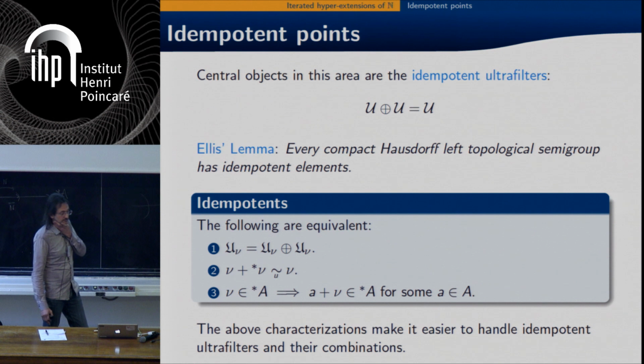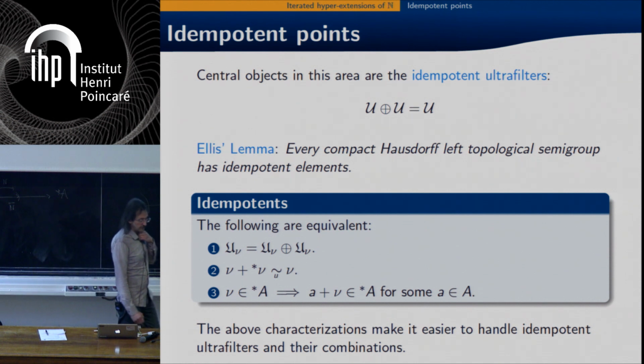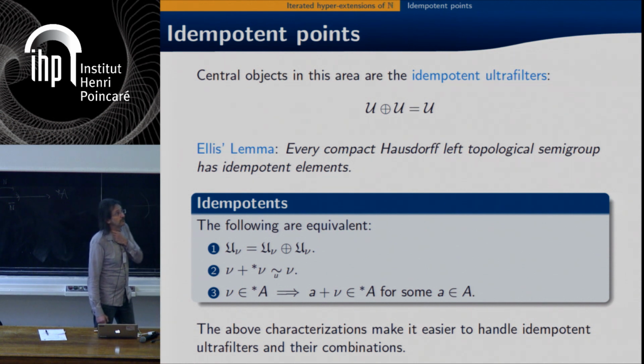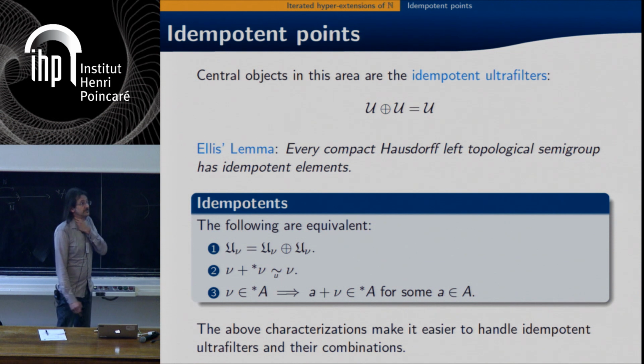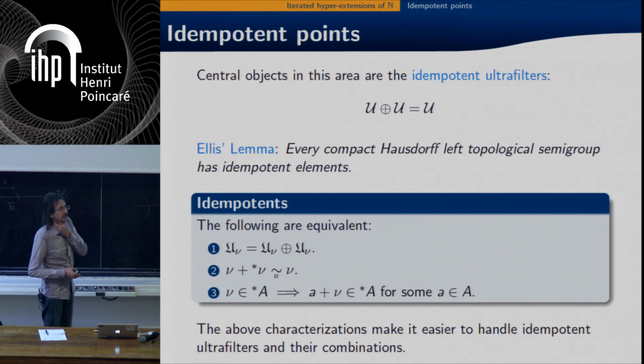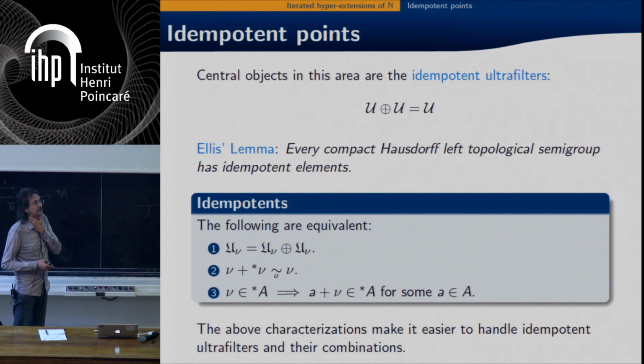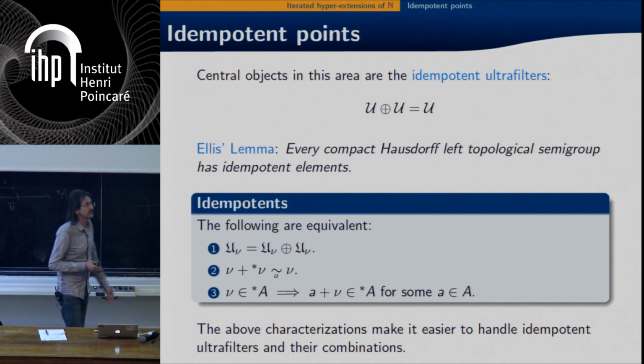Well, first of all, let's focus on the idempotent ultrafilter. The existence of this idempotent ultrafilter takes Ellis's lemma, which requires repeated applications of Zorn's lemma and the compactness of the space.